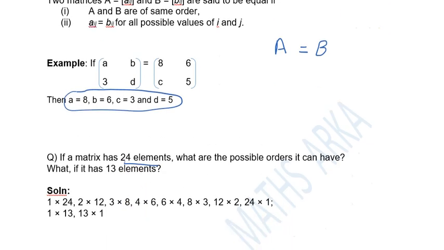Let's just go through the solution, which states what we had discussed. These are the orders possible for a 24 element matrix, and this is what we get for a 13 element matrix. These are the only two orders which are possible. I hope this part is also very clear.